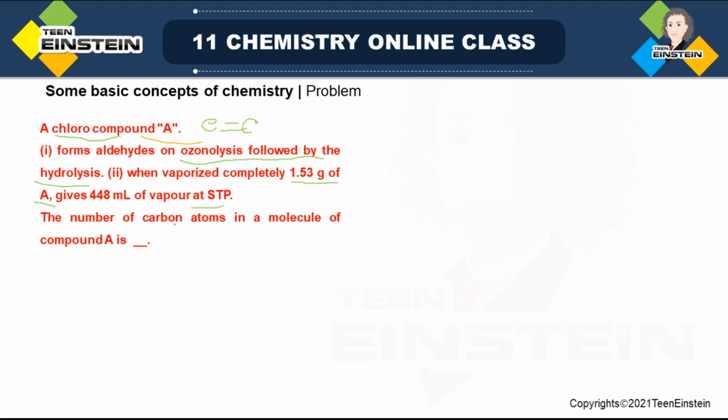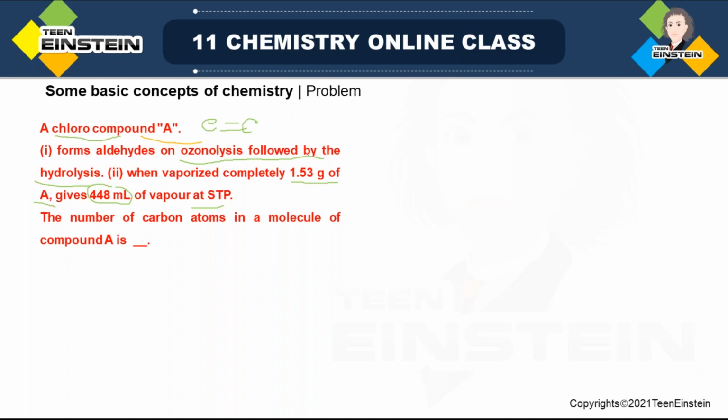This second information is very important, because from this information you can find out the number of moles of A. When the volume is given at STP, dividing it by 22.4 liter or 22400 ml, you can find out the number of moles.